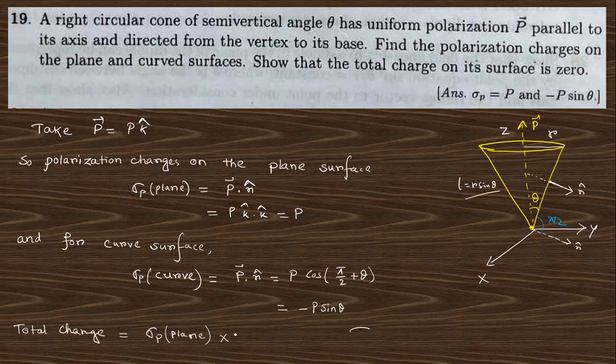So for the plane surface this will be sigma into pi r square, and for the curved surface the area will be pi r l. Is this right? What is the area of the curved surface of a cone?